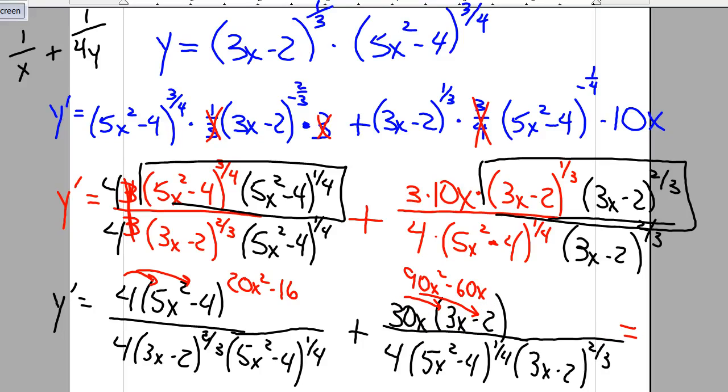So I should have 110x squared minus 60x minus 16 over, and I'm out of room, so I'm just going to say like over that same stuff. But you'd have to rewrite that bottom again.